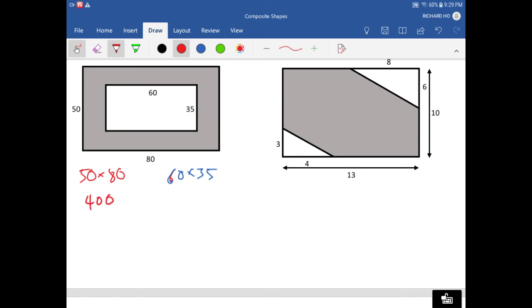What you do is you take the big one and you subtract the small one that's inside of it. So 60 times 35 is 2100. So the blue one is 2100. You subtract it, it's going to be 1900 is the answer.